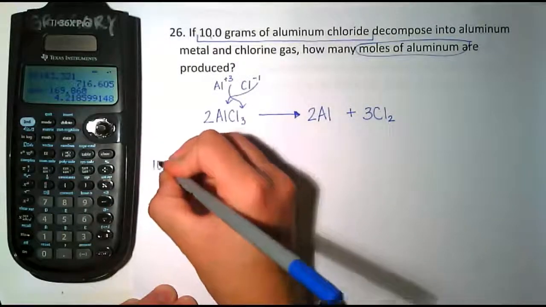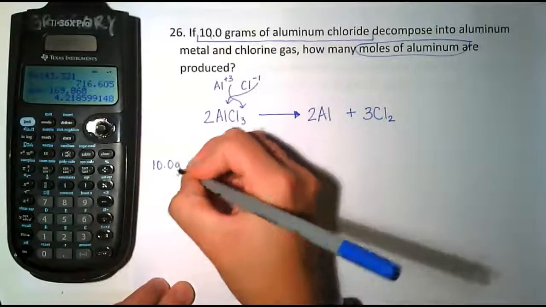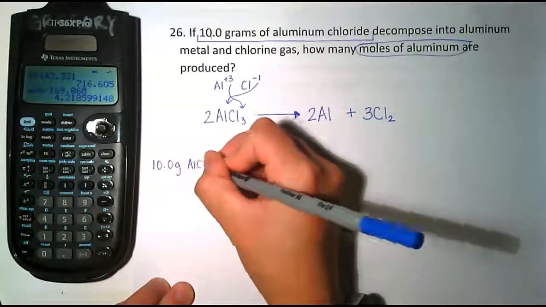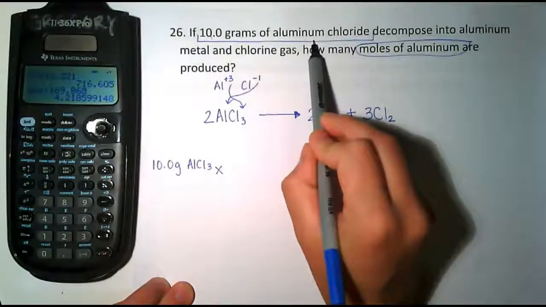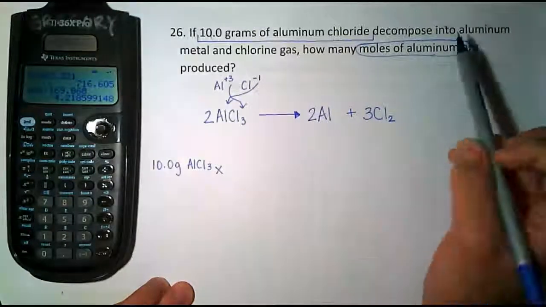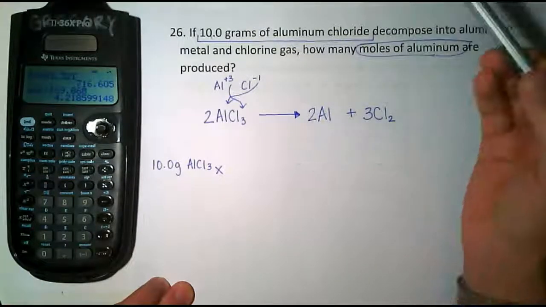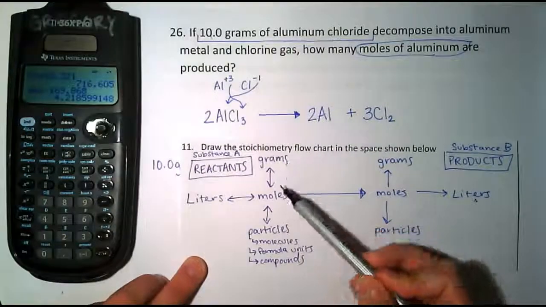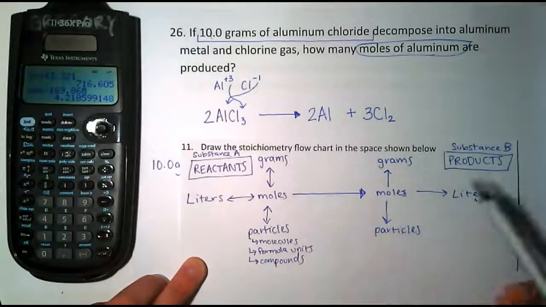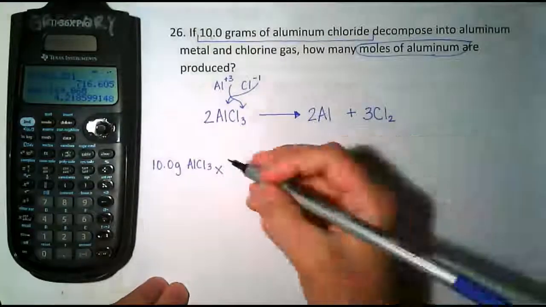We have 10.0 grams of AlCl3. And we are trying to get that grams of aluminum chloride to moles of aluminum. So a grams of one thing to moles of something else. Let's look at our charts here. Grams of one thing to moles of something else. It's 2 steps. So we need 2 conversion factors here.